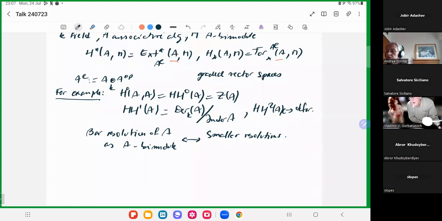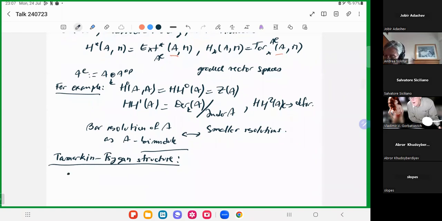Let me mention all the structure we have, and this is the title of the talk, the Tamarkin-Tsygan calculus, or Tamarkin-Tsygan structure for the Hochschild homology and cohomology of the algebra A. It has several pieces.